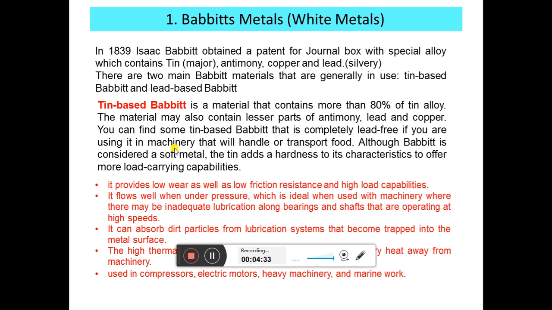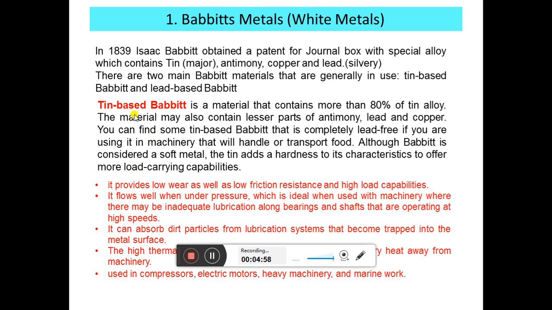These are mainly used for machine parts because they have more load carrying capacity. These tin based babbitts are very hard metals, that's why they are used for higher load carrying capacity.